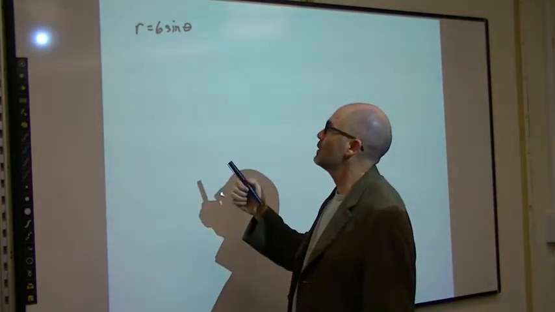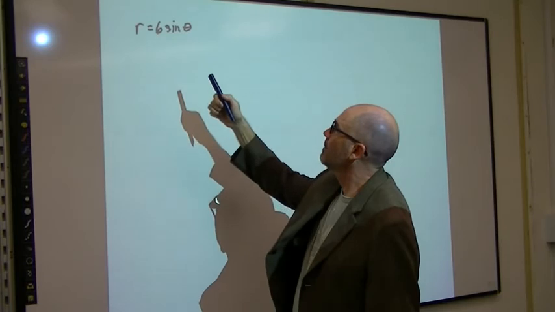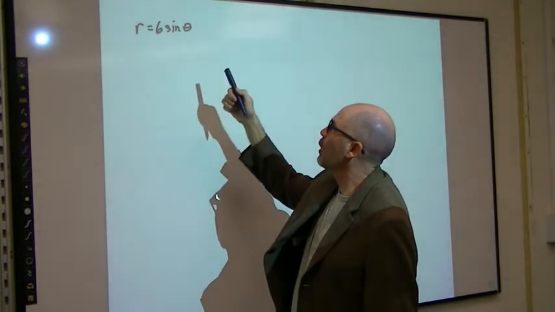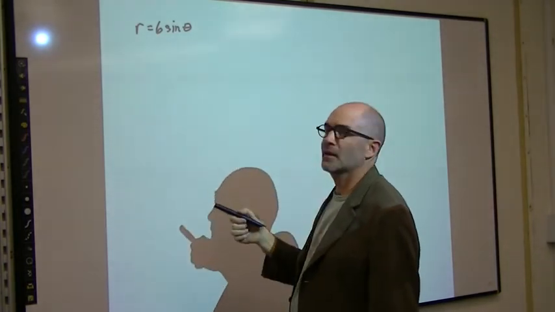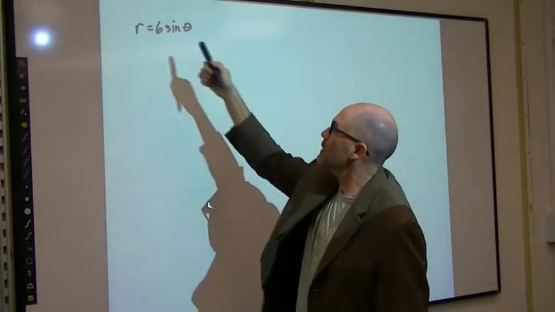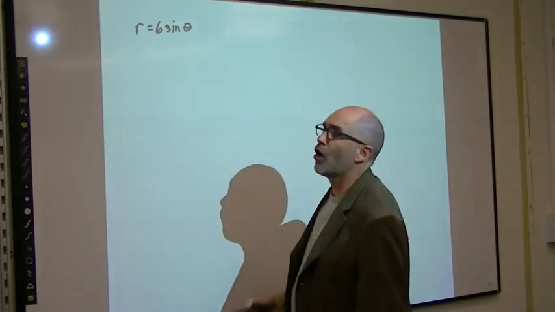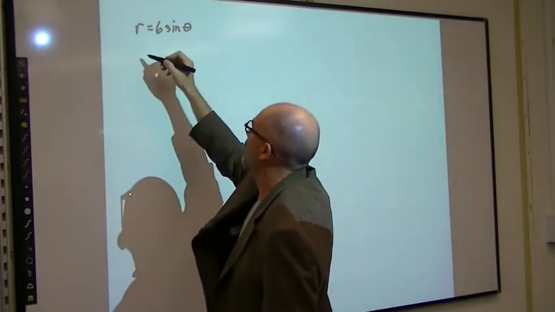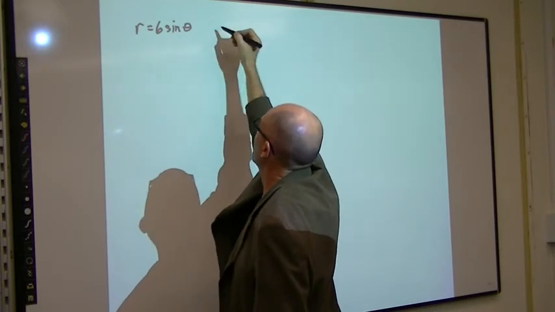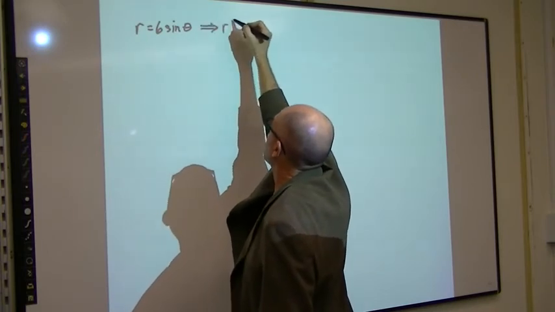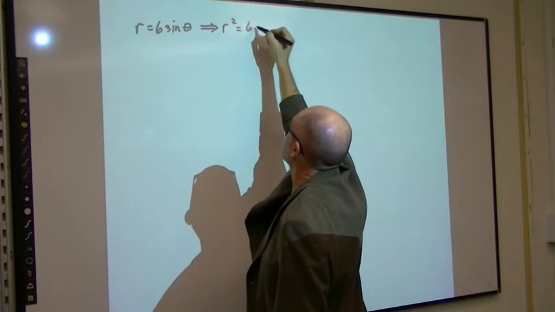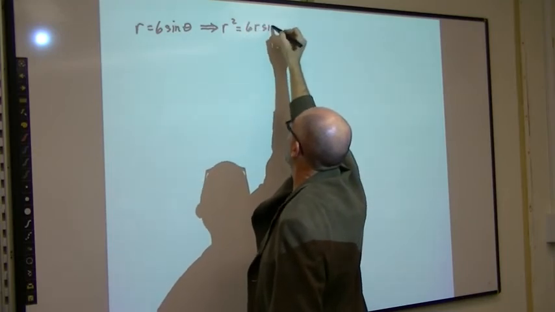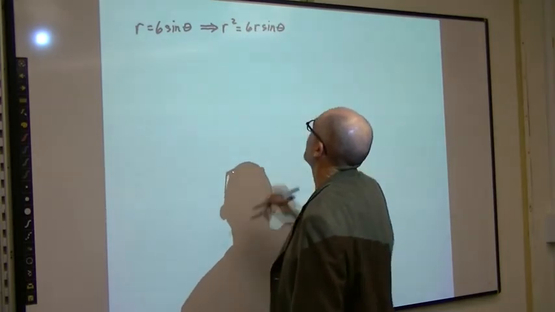So what we want to do is, I know that r sine theta is y. So if I just multiply both sides by r here, then I have r squared equals 6r sine theta.